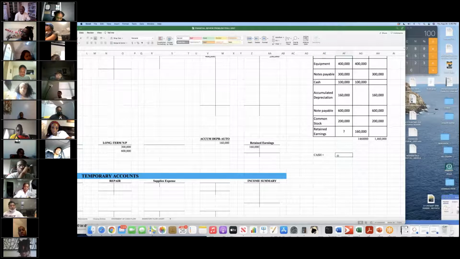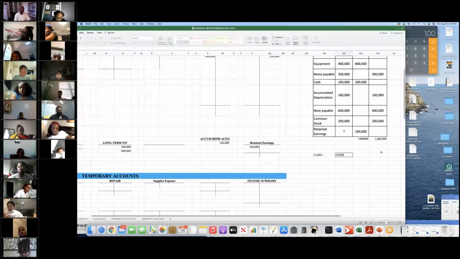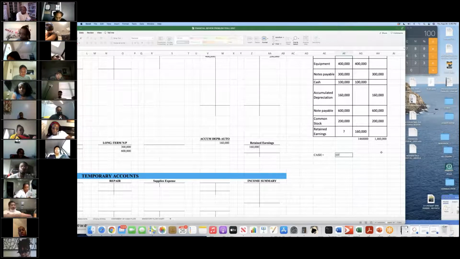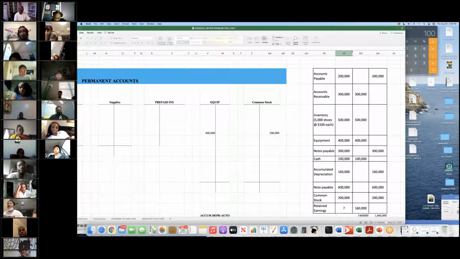I'll go over here one plus the other assets. Trying to get it to move, but it doesn't want to move.